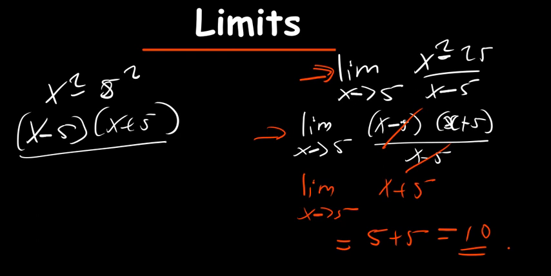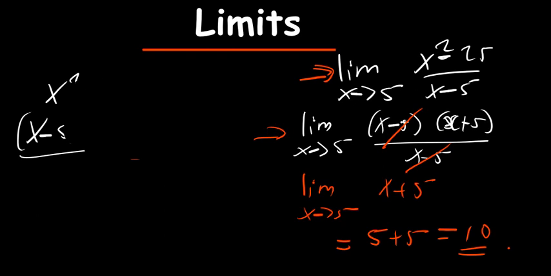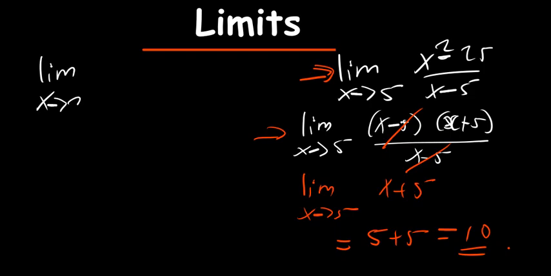At your own free time, I want you to go ahead and solve this: limit as x goes to 2 of x squared minus 4 divided by x minus 2. Go ahead and solve this in your own free time.